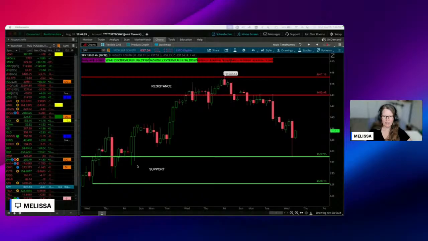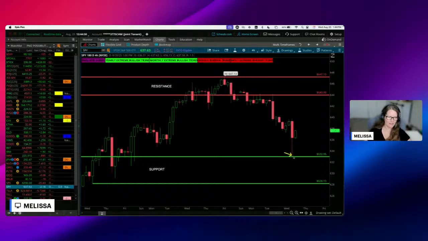We've established this zone right here by using price action as our support zone. So when we get a pullback or price comes back down to our support zone, the first way that you can trade support and resistance is through a bounce trade.